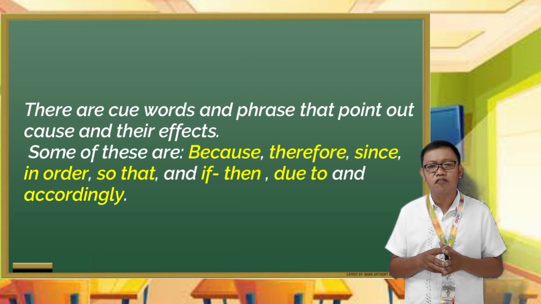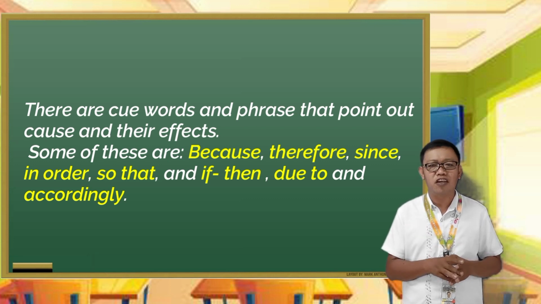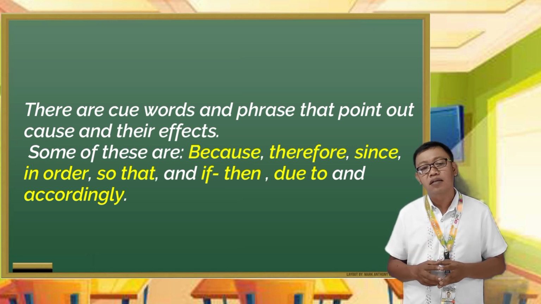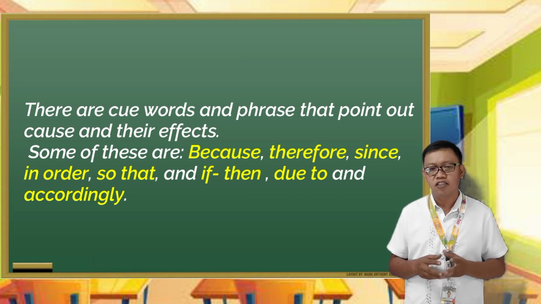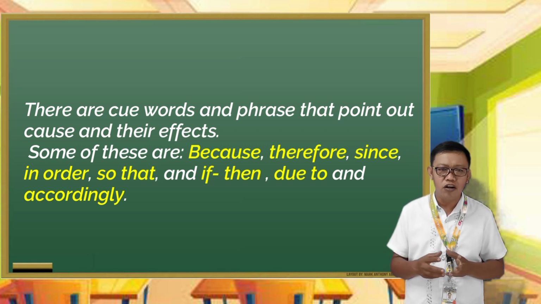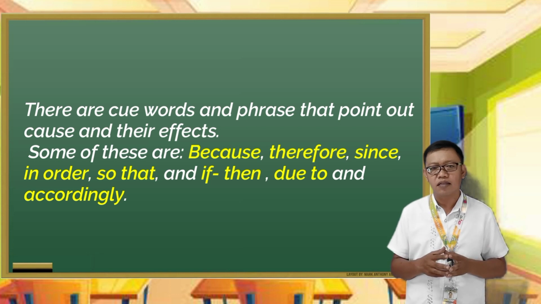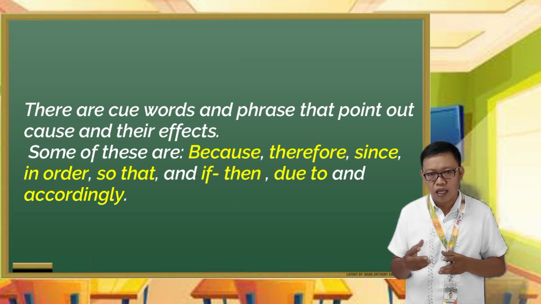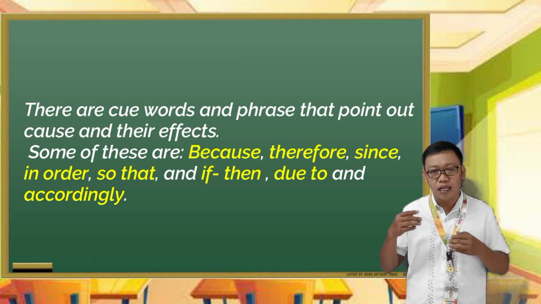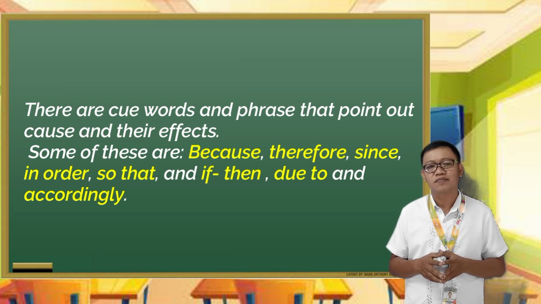There are keywords and phrases that point out cause and their effects. Some of these are because, therefore, since, in order, so that, and if, then, due to, and accordingly.